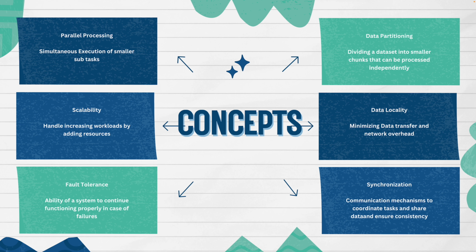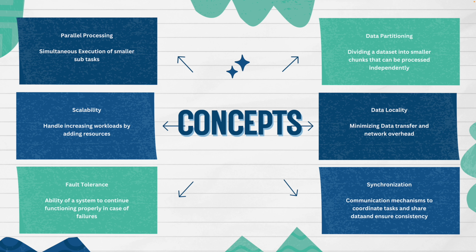Then comes synchronization and communication. Because you are dealing with multiple nodes, you need to ensure that the tasks are coordinated, the data is shared, and consistency is ensured. Techniques like message passing, distributed locking, and coordination protocols are used to manage interactions between nodes in a distributed environment.